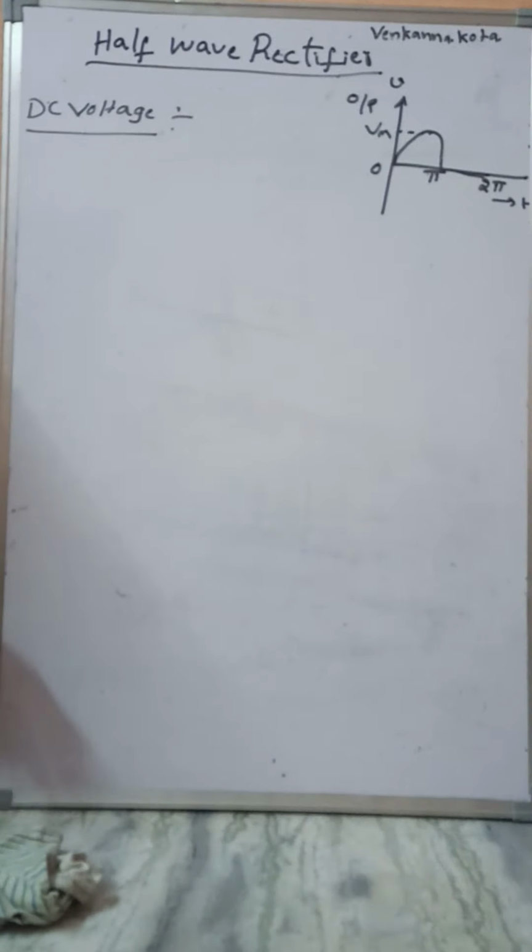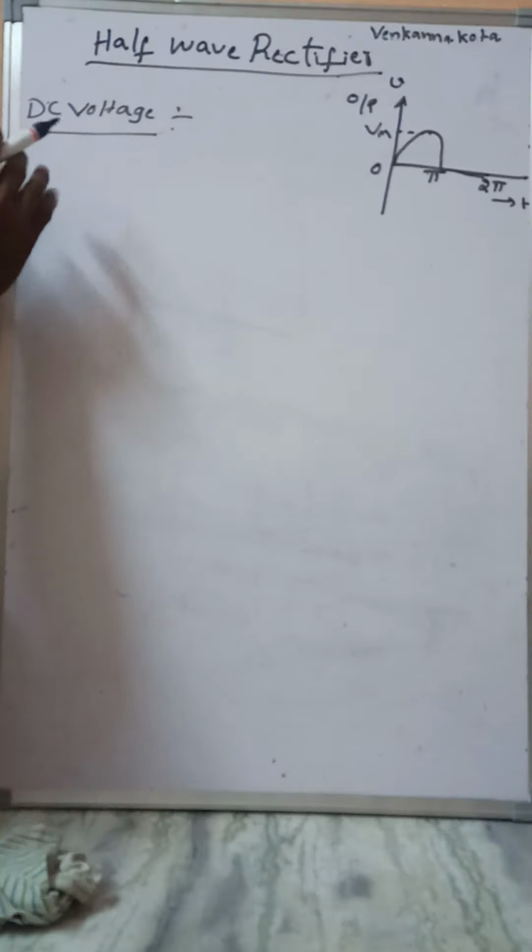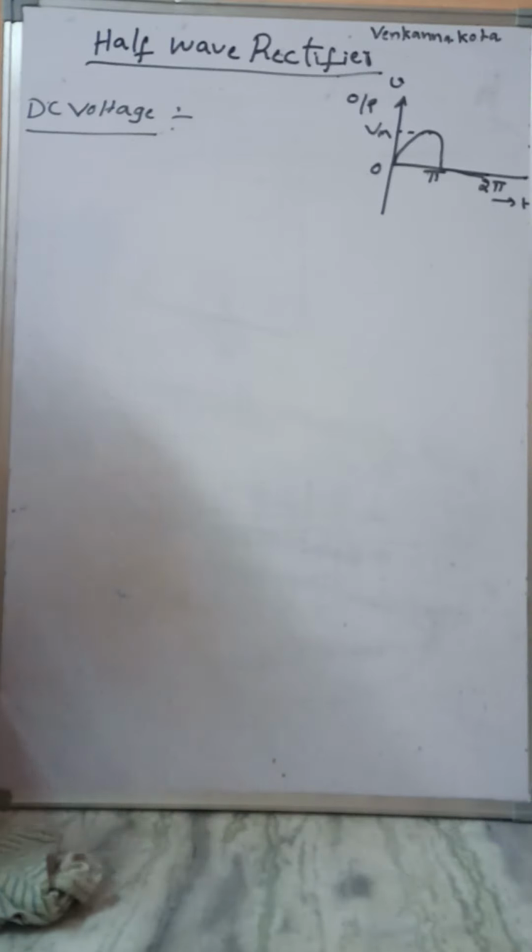0. So first of all, we have to determine the DC voltage or average voltage at the output of the half-wave rectifier.